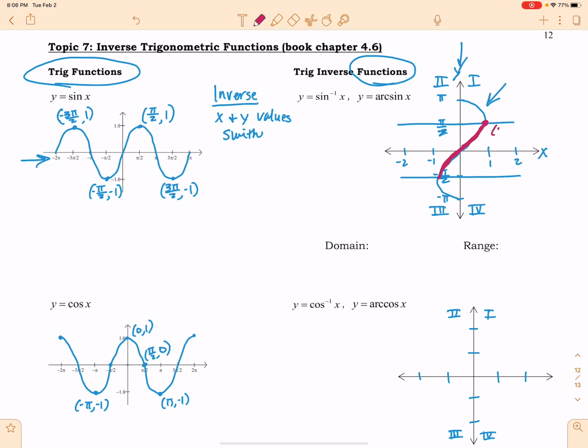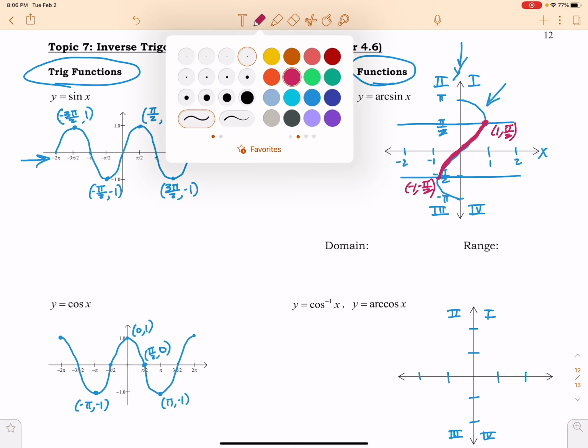This ordered pair would be 1, square root of 2, pi over 2, and this one is negative 1, negative pi over 2. So that means I'm going to be restricted to specific quadrants in my unit circle. I will talk to you more about those here in just a moment.